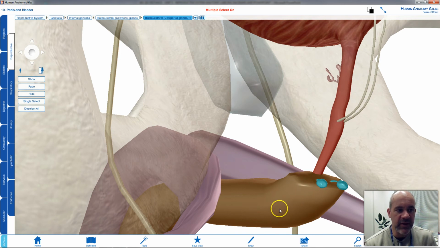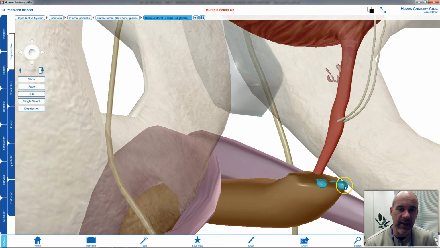They pass through these tissues of the penis that you see here and connect into the urethra. Those glands produce a lubricating fluid that gets secreted before ejaculation. That fluid passes down the urethra through the inside of the penis to the outside of the penis, and it helps lubricate the penis for sexual intercourse.